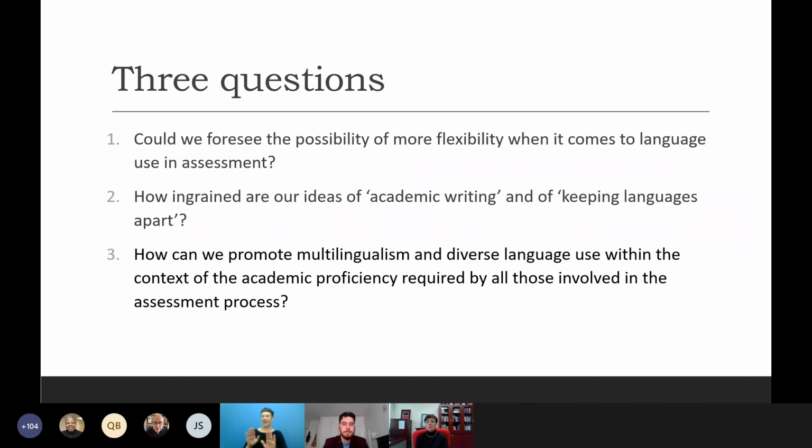So I think we need to talk more about flexibility when it comes to language use in assessment, and maybe even at higher levels, when students have to defend their thesis, if you have overseas examiners who only understand English, you've got two other examiners who may actually understand Afrikaans and who can do the translation. But we are so set on, if we speak English, we speak only English. If we speak Afrikaans, only Afrikaans, that we don't want to tolerate the mixing, especially in assessments.